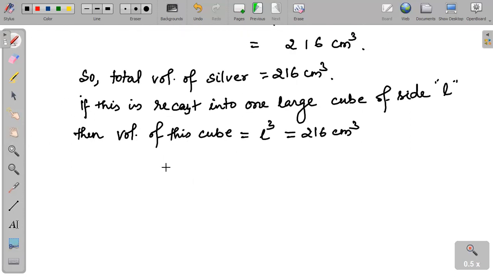That implies L is equal to cube root of 216, that is equal to 6 centimeter.